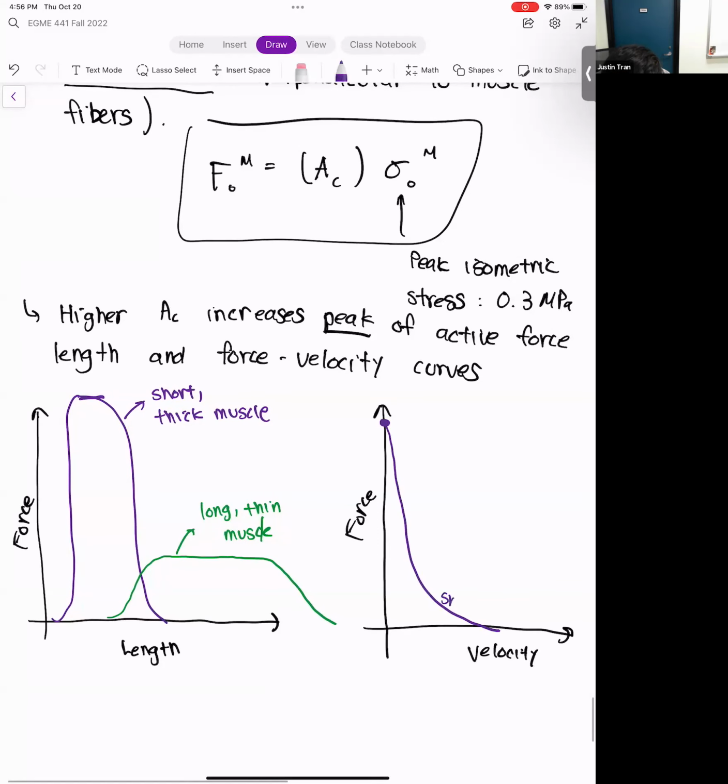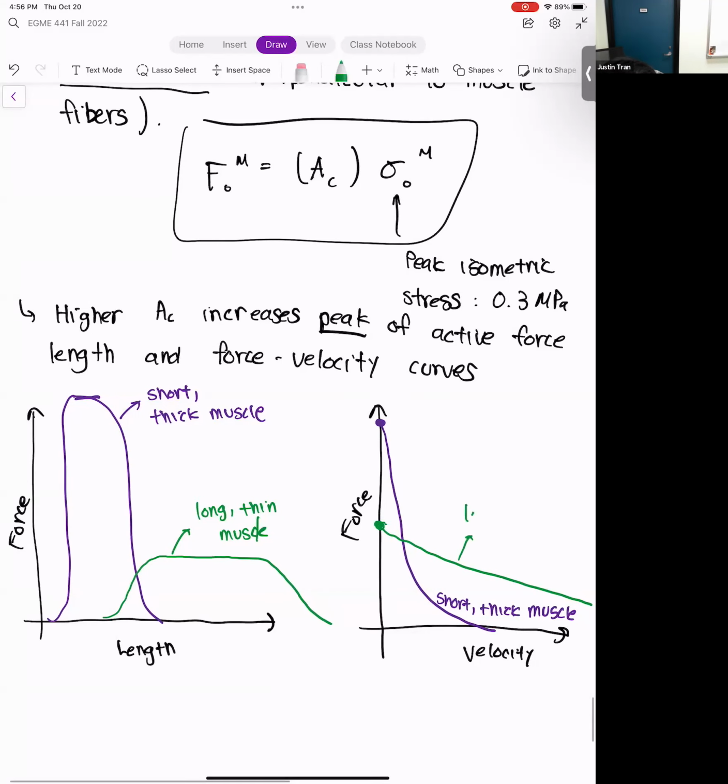This is for our short, thick muscle. Whereas for our long, thin muscle, maybe its maximum force is a lot smaller because it's not as thick, but it can still maintain that force over a wider range of velocities because it just has more sarcomeres lined up end to end. Okay, so this is a long, thin muscle.